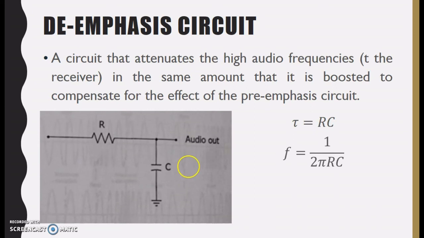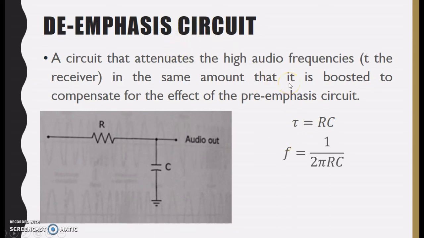This figure features a cutoff of 2122 Hz and causes signals above this frequency to be attenuated at the rate of 6 decibels per octave.